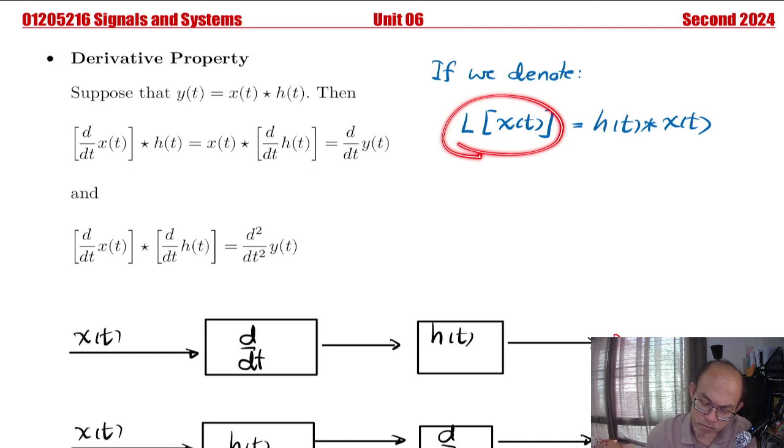So we know that when the system is linear, we can write this response, this output, using the convolution integral between the impulse response and the input signal.